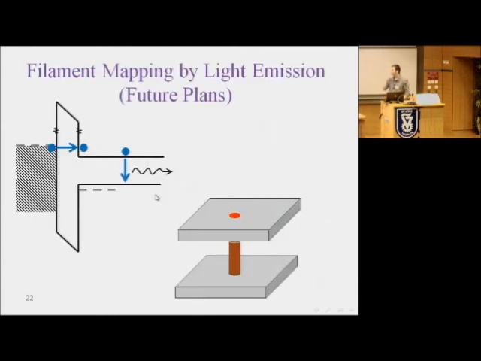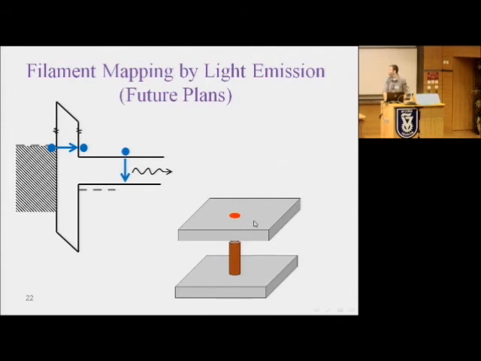Another feature is we have seen very significant injection of minority carriers. So if we take this metal-insulator semiconductor structure and use a direct bandgap material, we'll have injection of minority carriers only where a filament was formed that injects these minority carriers.